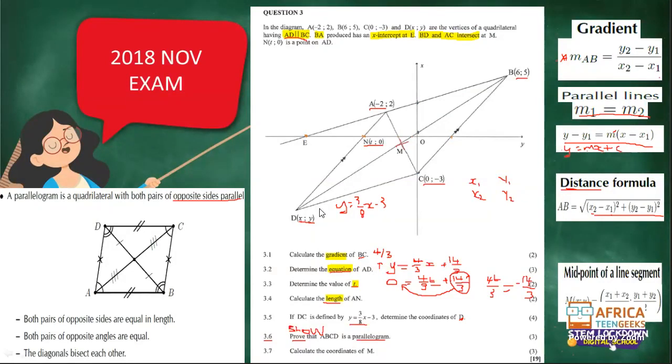Someone else could have decided to calculate the midpoint of DB and the midpoint of AC, and if they are equal, then it means point M is a midpoint. So only after you prove that it's a parallelogram, then you can definitely say that your point M is a midpoint. Okay. So that's the way you are supposed to do it.